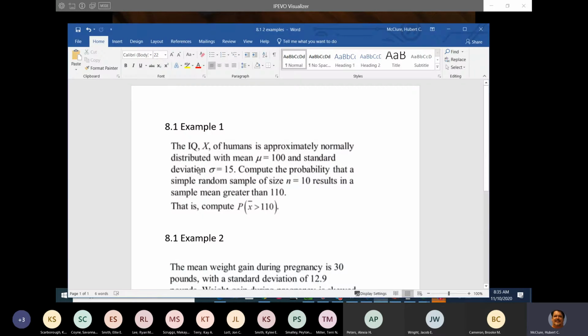So let's look at a possible question. I pulled this out of the notes. Example 1. Go ahead and write that down, and that is one of your test questions. The IQ X of humans is approximately normally distributed with a mean of 100 and a standard deviation of 15. Compute the probability that a simple random sample of size 10 results in a sample mean greater than 110.